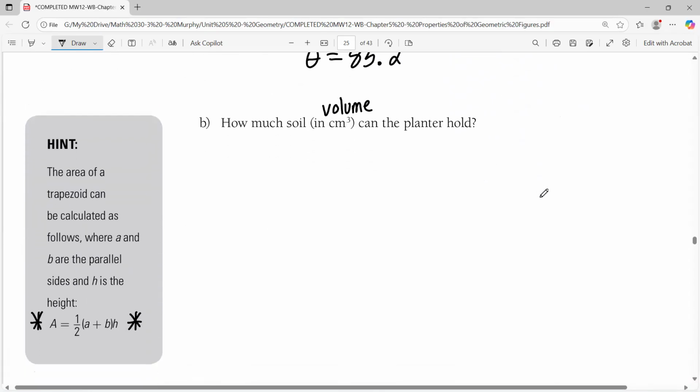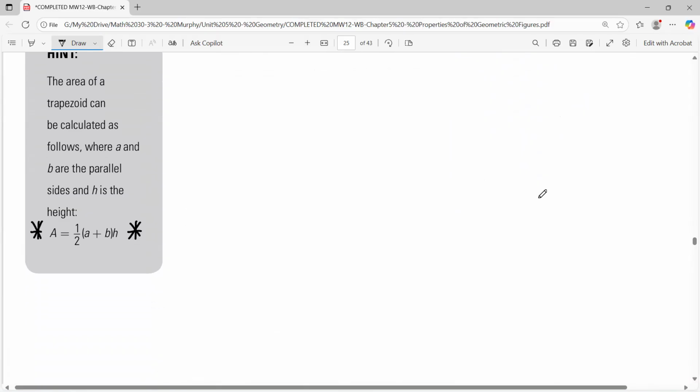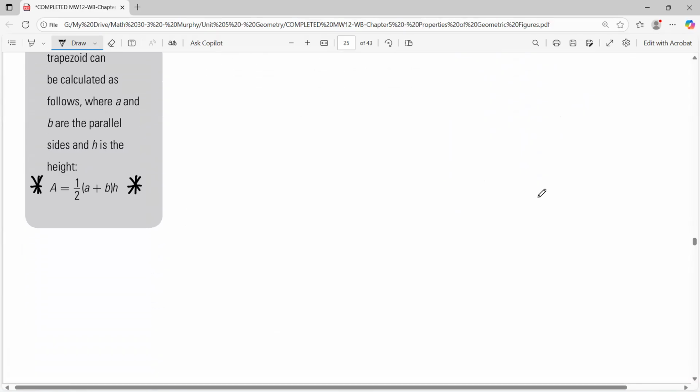Okay, so how could we create a volume equation? If we just look at a standard square, the old saying is length times width, but we're going to be going 3D.